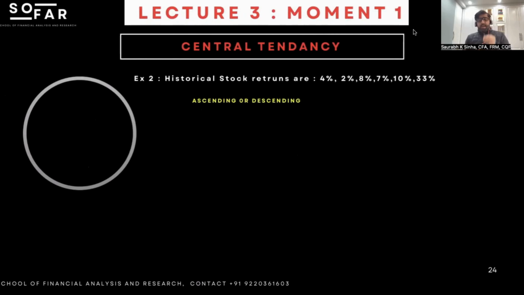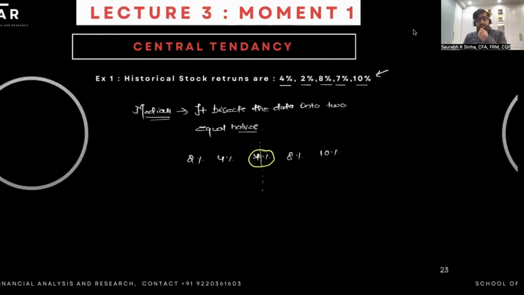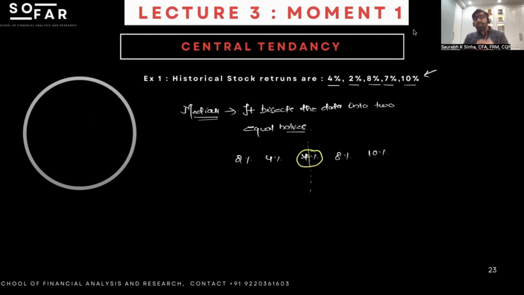Now, what if the historical return is 2%, 4%, 8%, 7%, 10%, and 33%? Let's first arrange the data into ascending or descending order. So 2%, 4%, 7%, 8%, 10%, 33%. Earlier, the data was odd, so it was easy to find the line to bisect the data into two equal halves. Here we have two data points on each side.